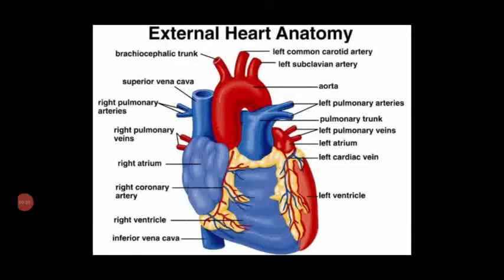Dear students, this is the structure of human heart, which consists of 4 chambers: right atrium and left atrium, right ventricle and left ventricle. Right atrium is somewhat larger than the left atrium.